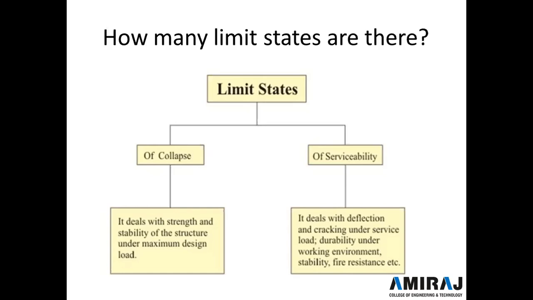So we focus on the limit state of collapse. It includes loss of equilibrium of the structure, loss of stability of the structure, failure by excessive deformation or rupture, fracture due to fatigue, and brittle fracture.